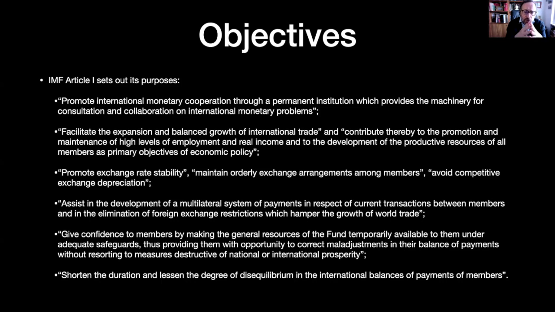That we should develop a system that will eliminate foreign exchange restrictions that would limit world trade, that would give confidence to world markets. That's one of the roles it has persisted in throughout these decades. And then finally, to shorten the duration and lessen the costs of disequilibrium in international balance of payments.